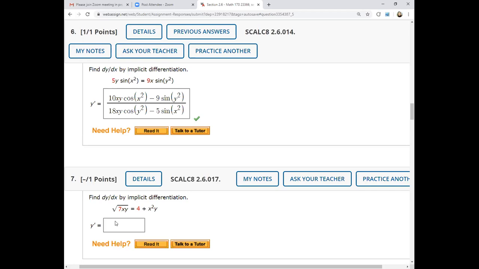So we have 1/2 times 7xy to the negative half times the derivative with respect to x of 7xy.